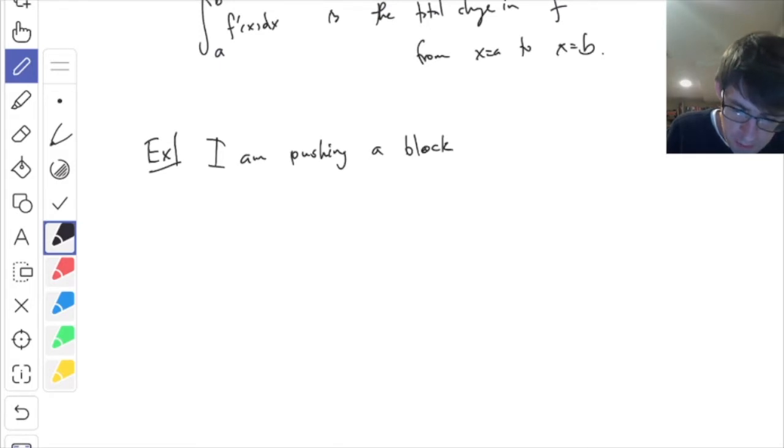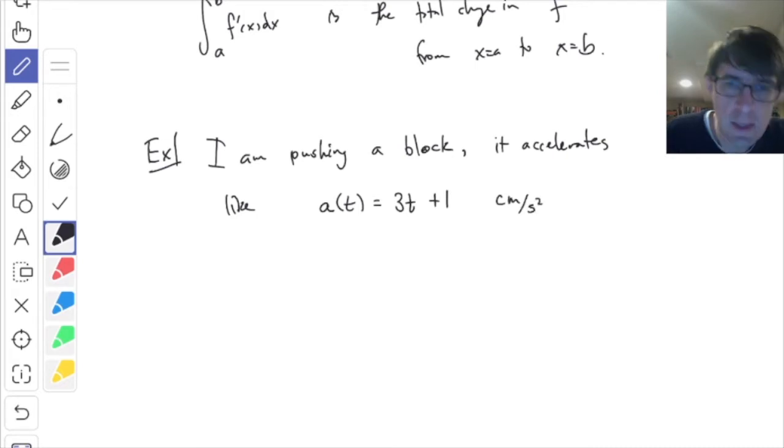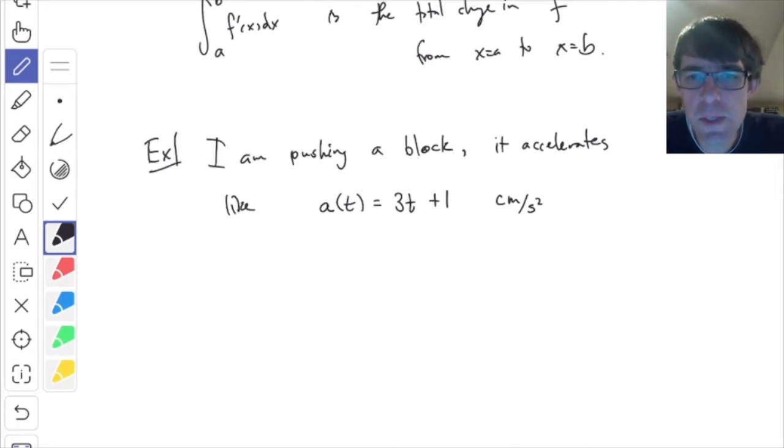So I'm pushing a block, and it accelerates according to this function. A of t equals, let's say, 3t plus 1. And the units of acceleration are centimeters per second squared. I don't care if you know anything about physics, but I hope you know. When you push something, it begins to accelerate. That is, it starts to move.